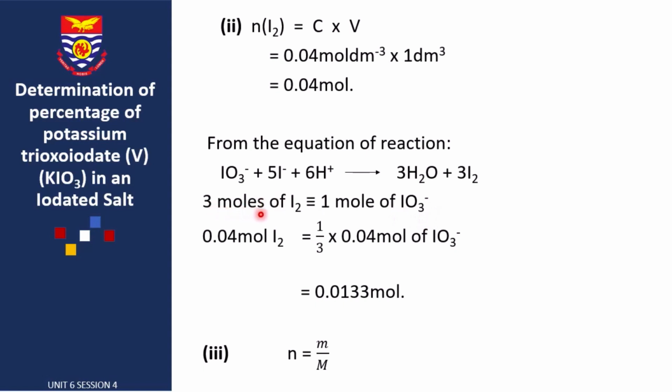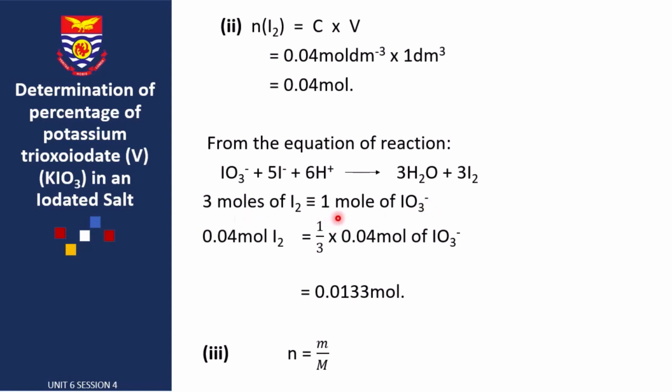So the relation in terms of mole is 3:1. 3 moles of iodine will be produced from 1 mole of the iodate ion.